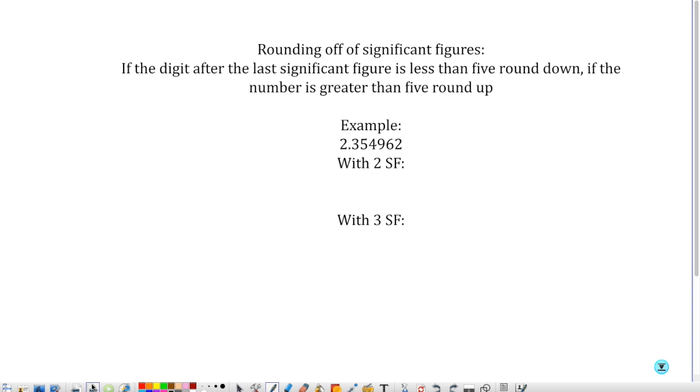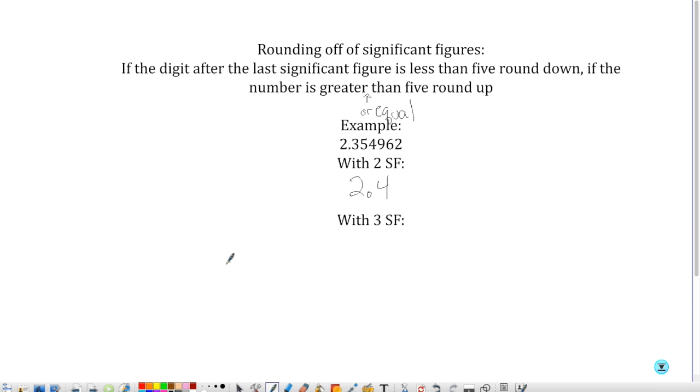Okay? So this value with 2 sig figs, meaning I need to cut off here at this 3, okay? 5 is greater or equal to, oh yeah, this should really be greater or equal to 5. Okay, so with 2 sig figs, this is just going to become 2.4.